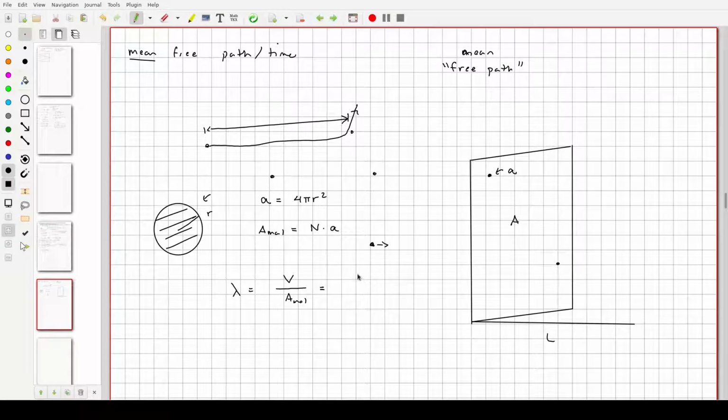Or the volume divided by the number of particles times 4 pi r squared.